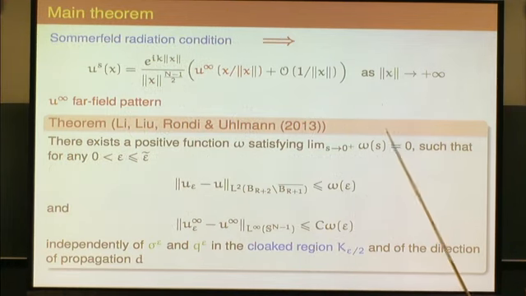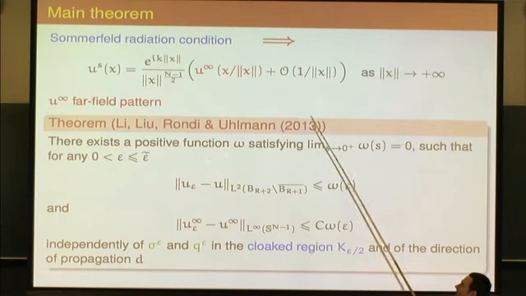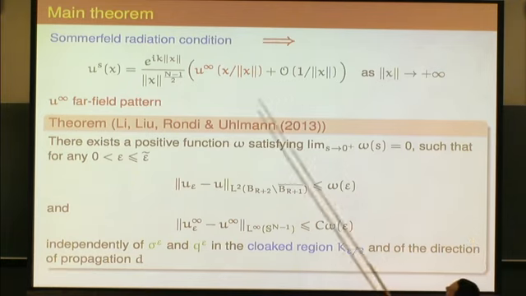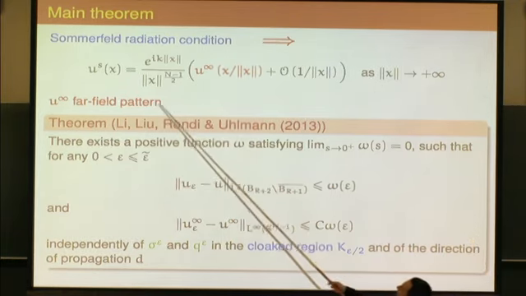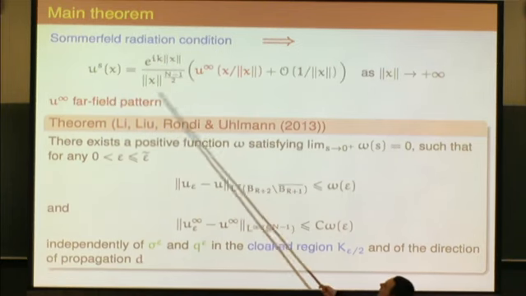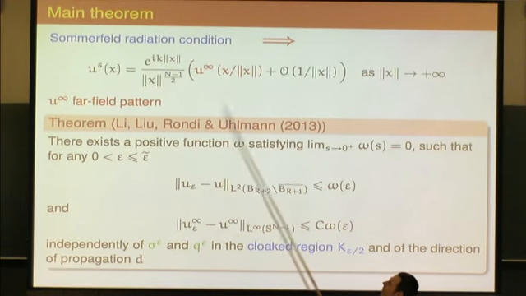Okay, so this is the result, which I obtained with Jingzhi Li, Hongyu Liu, and Gunther Uhlmann, who unfortunately is not here. He should have been here. The result is the following. I recall that the Sommerfeld radiation condition implies that the scattered wave is characterized by its far field pattern.